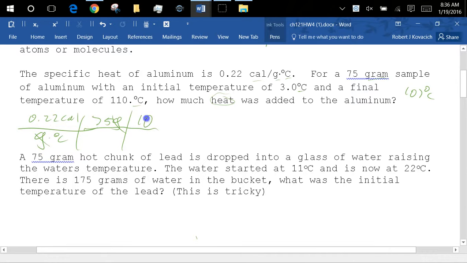And I've got my change in temperature, which was 107 degrees Celsius. All right, so 107 times 75 times 0.22.